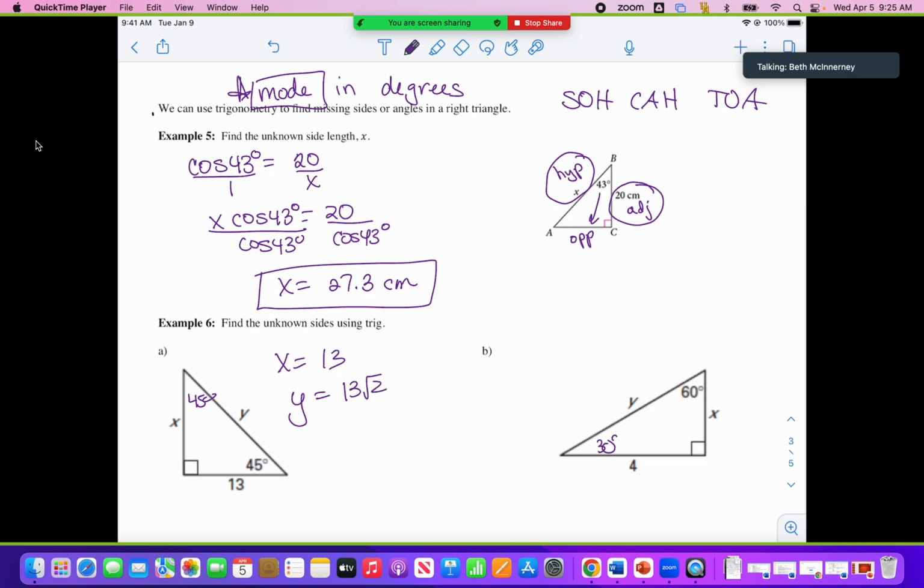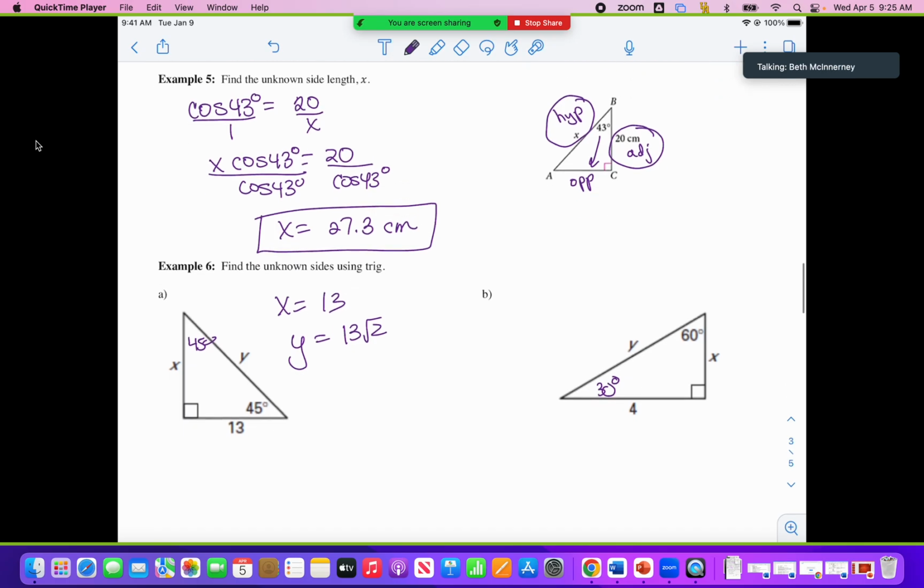Okay, awesome. But watch this. If I said to you, I have the opposite and the adjacent, do you see tangent 45 is X over 13? I can cross multiply. Check it on your calculator. Do you get 13? You sure do.